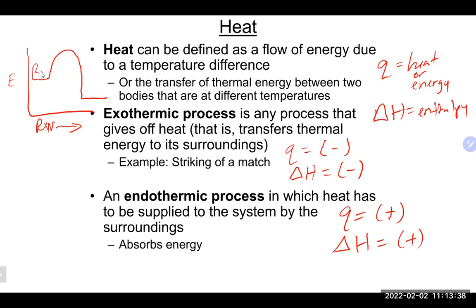I'll just put R. Over here are our products. What we do see is that our reactants are higher in energy than our products. So the only way for our reactants to get down to our products is if energy is released.